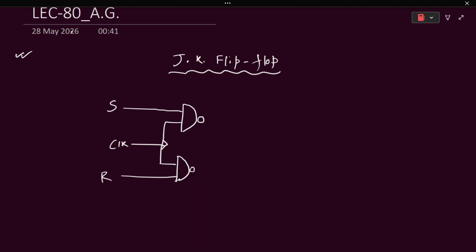Okay. After that, what will we do? We'll simply add the latch. Here these are latch circuits. We'll take one output as Q and the other output as Q complement.